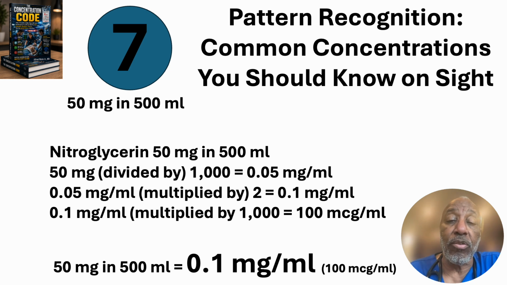Convert it to micrograms per milliliter by multiplying by 1,000. The concentration is 100 mics per milliliter. Every milliliter of that bag contains 100 micrograms of drug. Running it at 3 milliliters per hour delivers 300 micrograms per hour, or 5 micrograms per minute, which is a common starting rate for nitroglycerin in acute coronary syndrome. 100 micrograms per milliliter. Know it on sight.